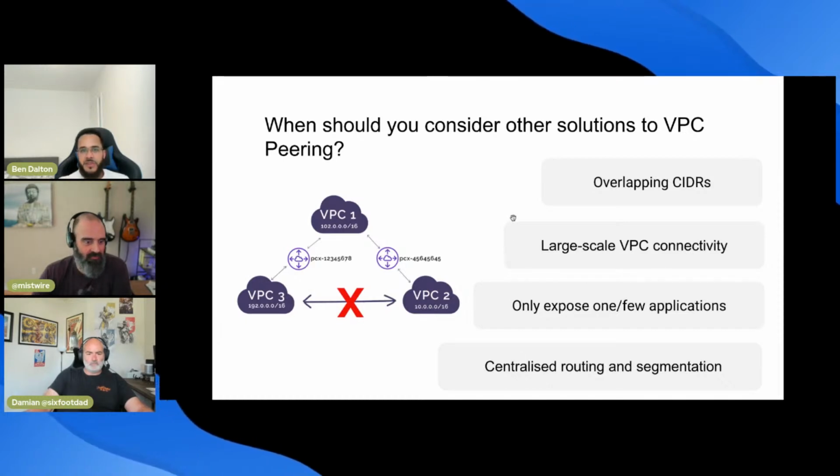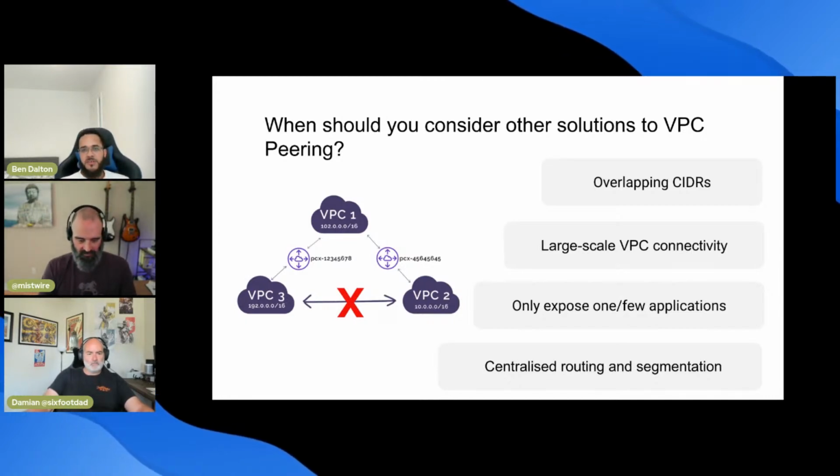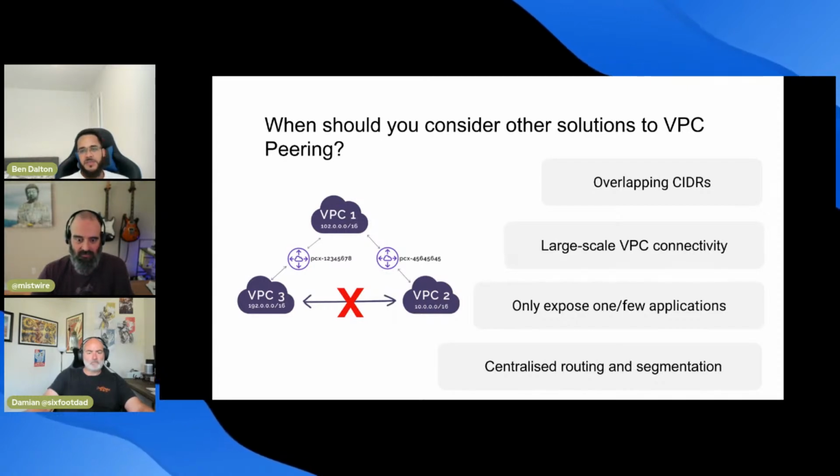There are certain scenarios where you may not be able to use VPC peering, or VPC peering may not be the best solution. I've mentioned that VPC peering enables private connectivity between VPCs, and immediately you might think that it's essentially exposing the whole network.